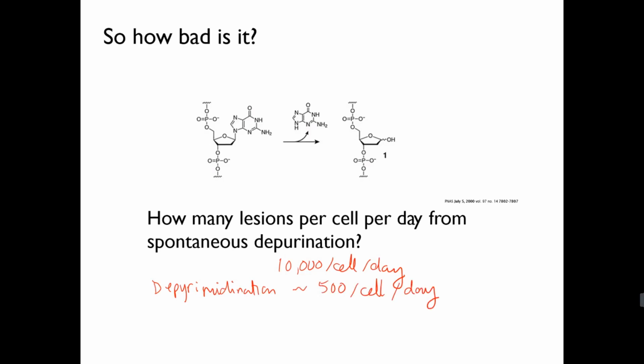And that just has to do with the differences in the inherent stability of the glycosidic bond in both cases. So the difference is due to stability of the glycosidic bond.